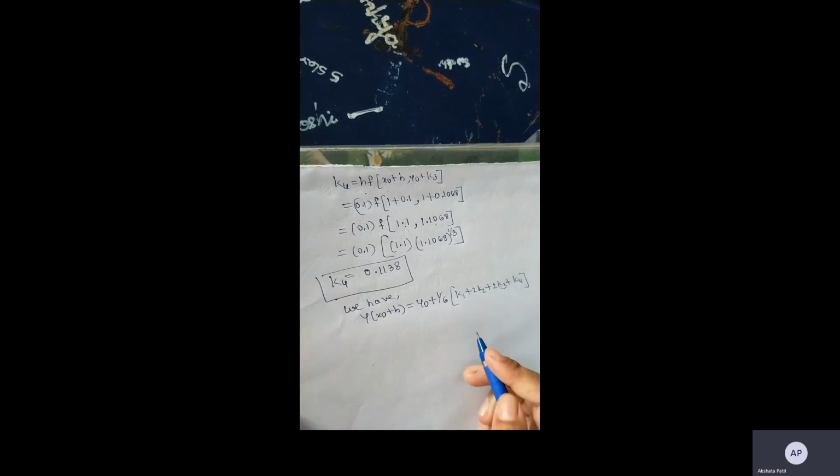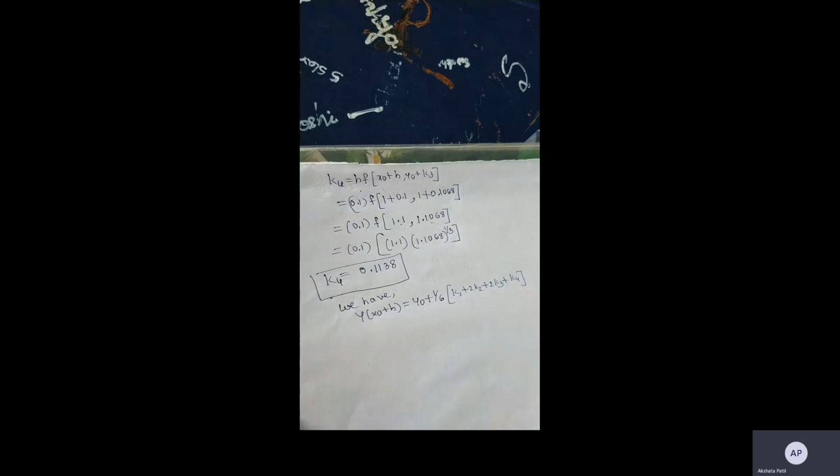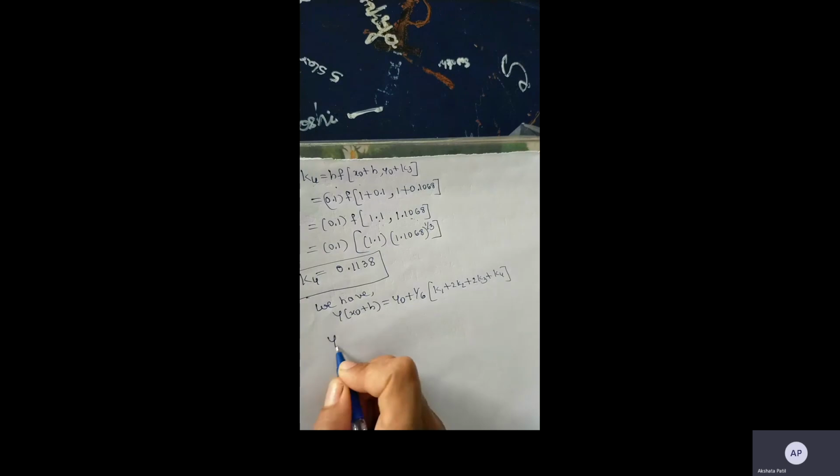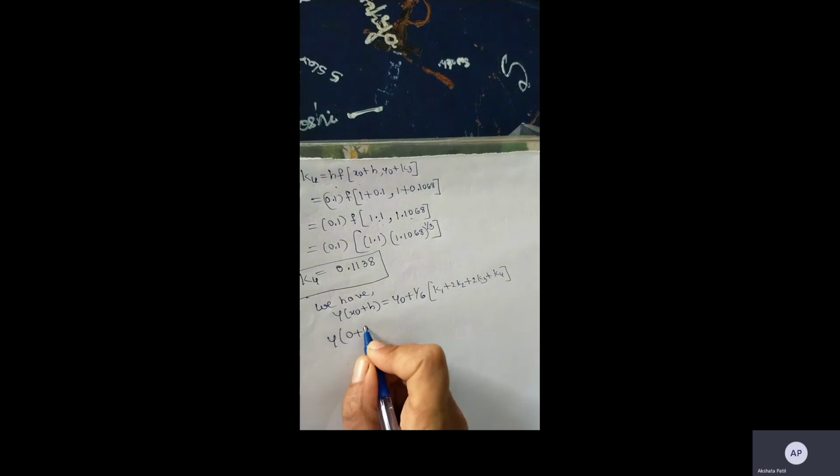Now substitute all the values of k1, k2, k3 and k4 and also the value of y0 here and calculate y of 0.1. Okay, so here x0 value they have given is 1.